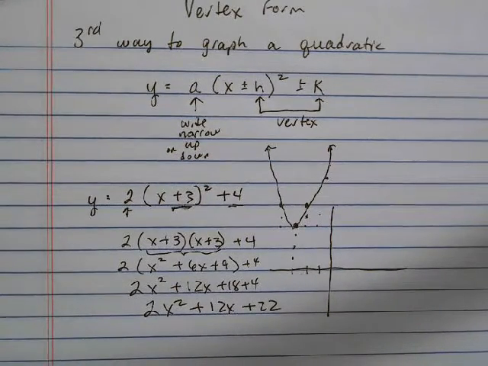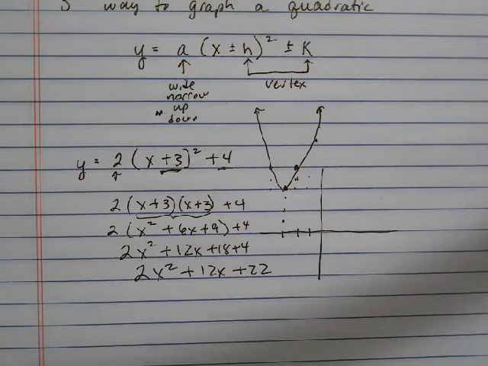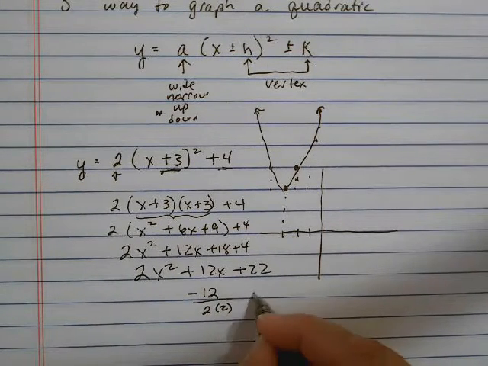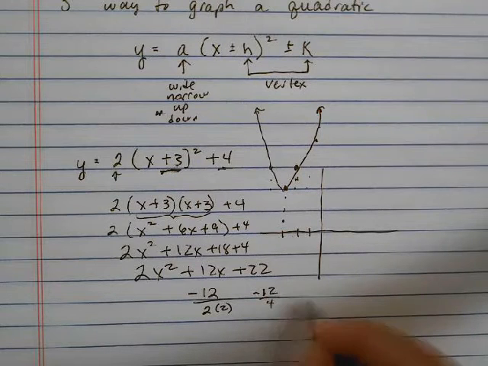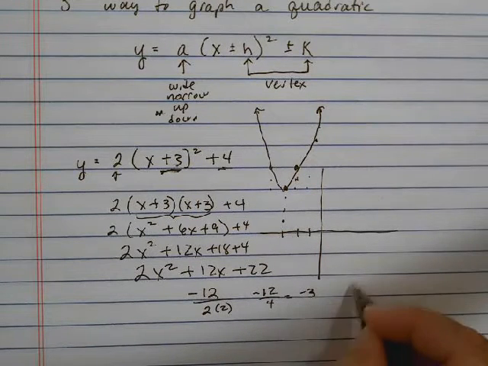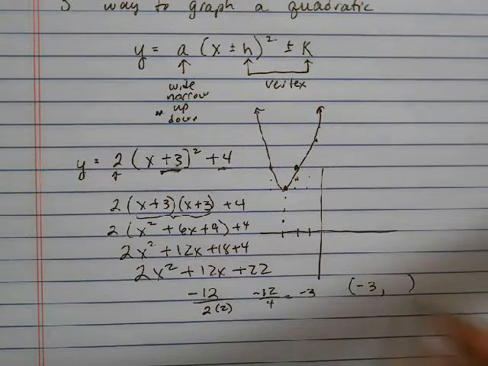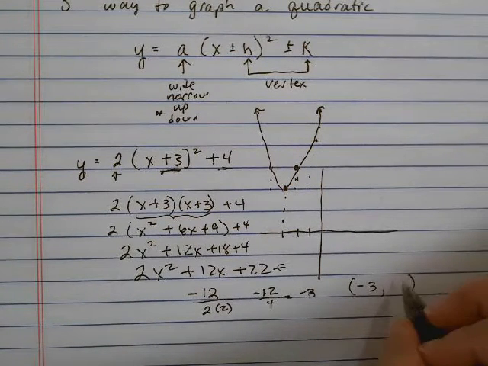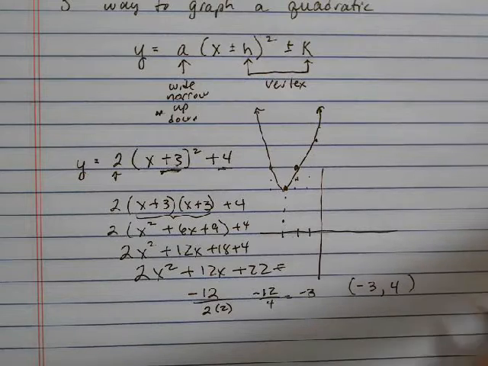So you can see by going back and using standard form, if I did the opposite of b over 2a, I would get negative 12 over 4, which is -3. So you can see how the vertex is going to be at -3, and then whatever you get when you put -3 back into this function, you would get 4.